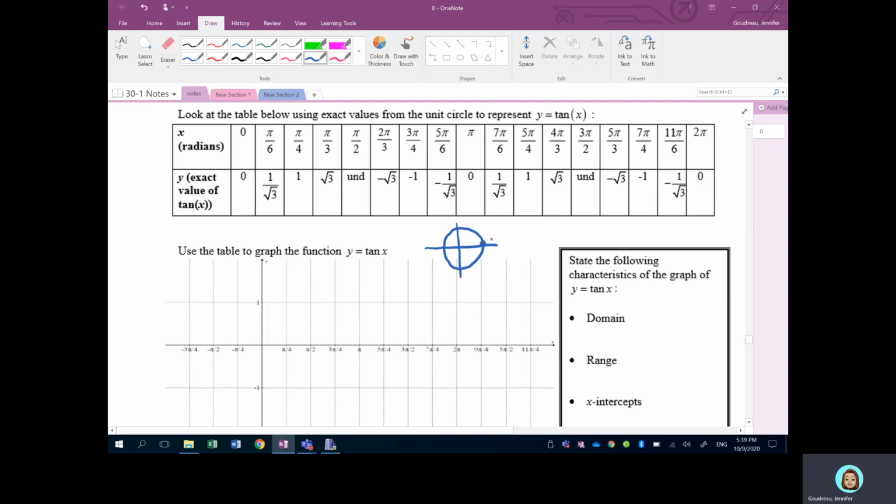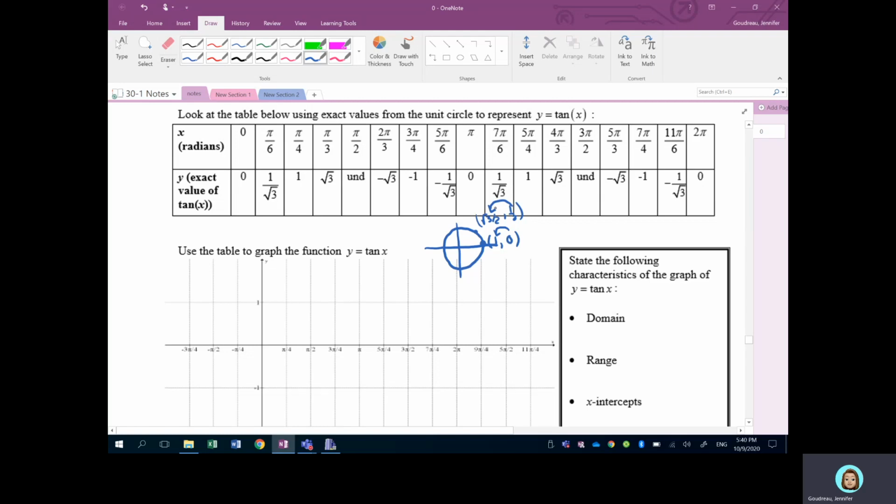Our coordinates when theta is equal to 0 are 1, 0. So y over x is 0 over 1, which gives us 0. At pi over 6, we're at root 3 over 2, 1 over 2. When we put y over x, that's going to end up giving us 1 over root 3.